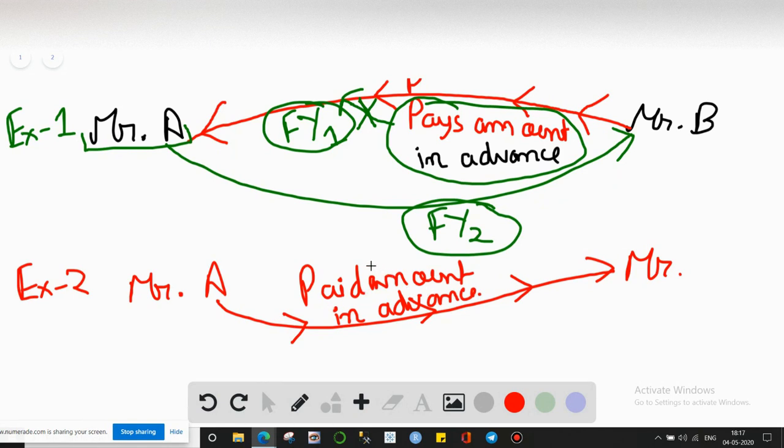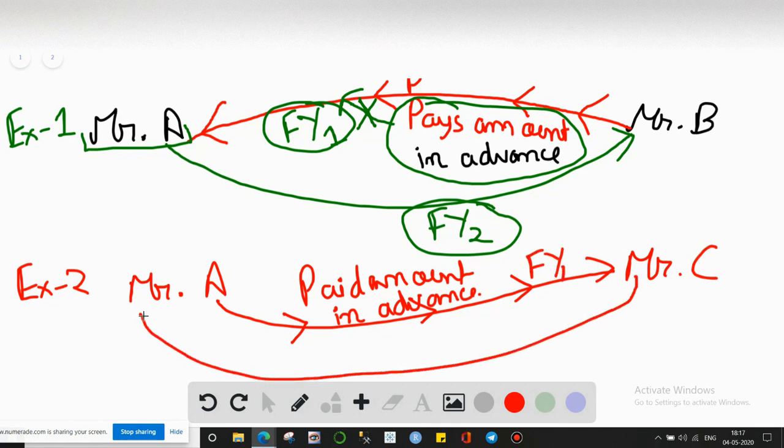Okay. Now what happens? So Mr. C says that okay, I have received the advance amount, but I will deliver the raw material in financial year 2, next financial year.